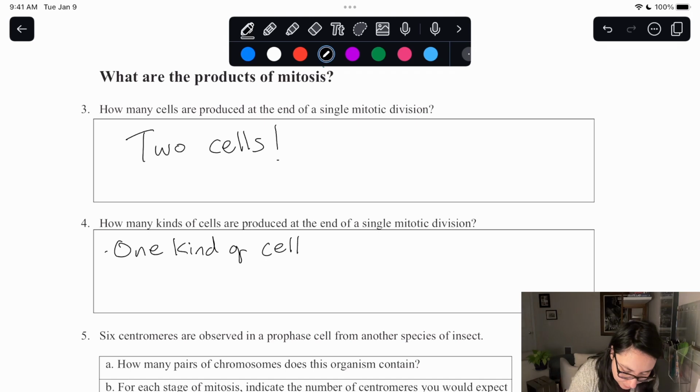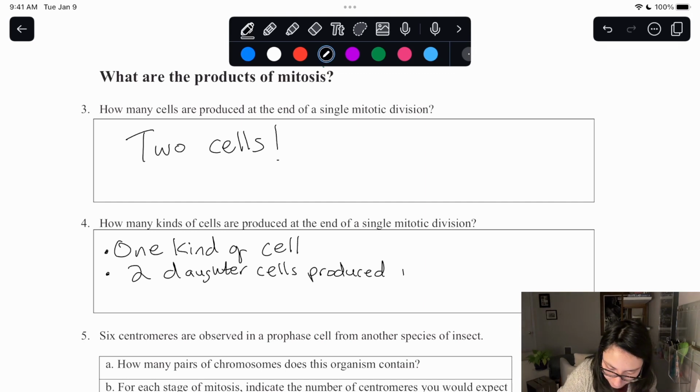And then, so that's a bullet point here, and another bullet point is 2 daughter cells. And they are identical to each other.